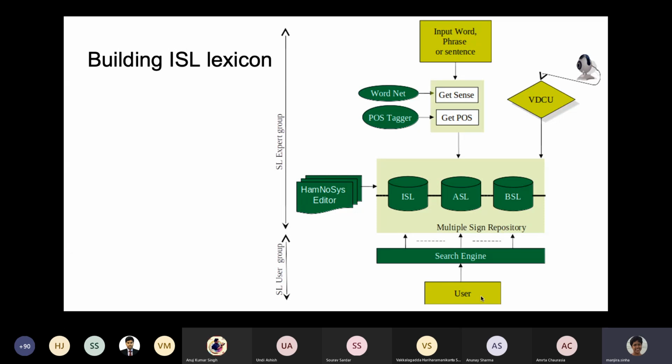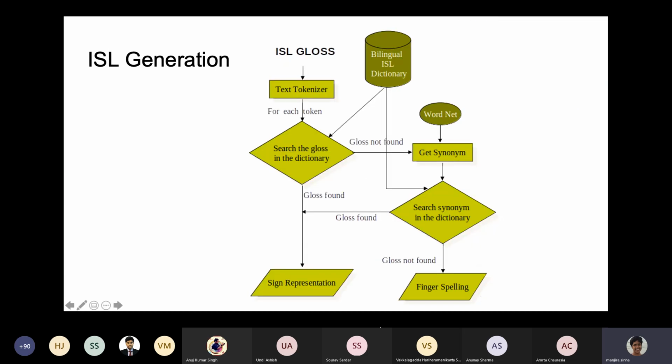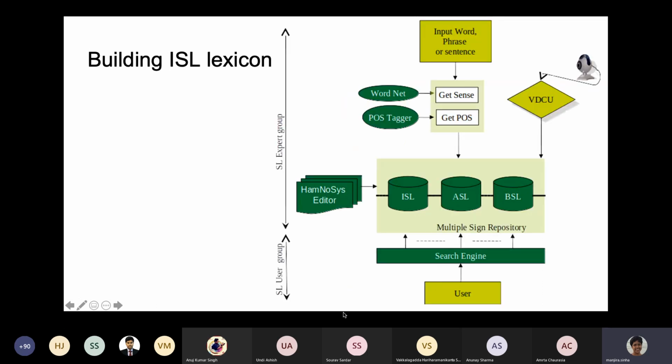So for that, there is this Hamnosys notation. When the sign is generated, it is represented in textual or transcribed format as a system of symbols and notations, just like our scripts. Then a person who is a sign language user can see the notation and understand what kind of sign gesture it is conveying.